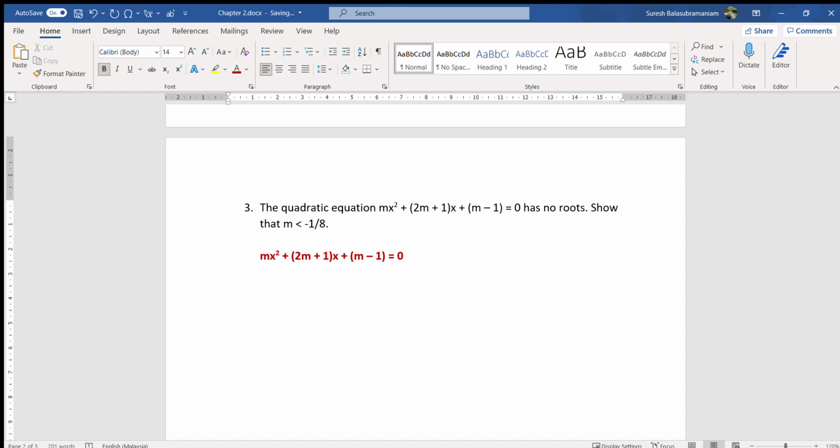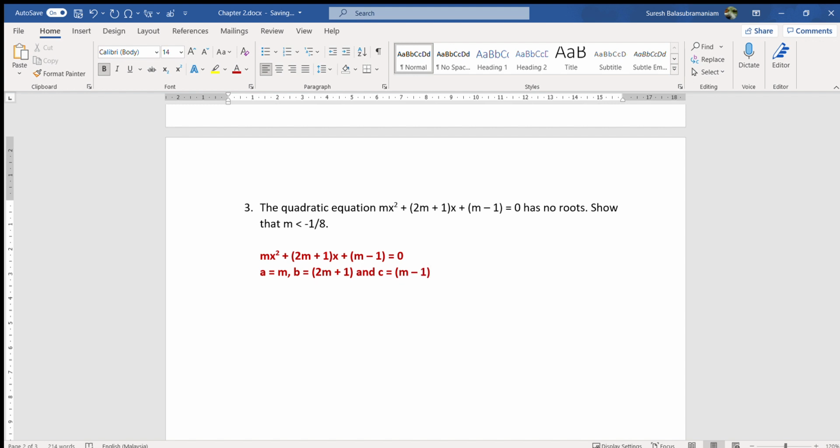Okay, in this equation a, b and c is quite clear. It's been arranged. So our a is m, b is 2m plus 1, and c is m minus 1.